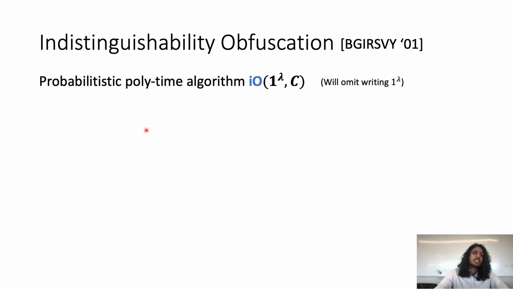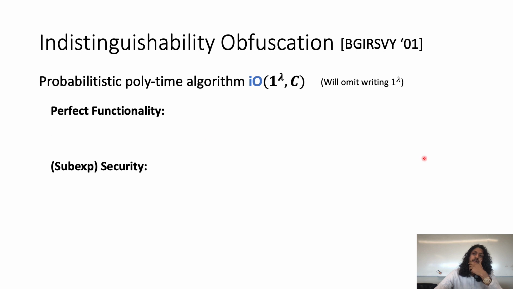A randomized algorithm, I/O, which stands for indistinguishability obfuscation, takes as input 1 to the lambda, which is some sort of security parameter. Don't worry about that for now. It also takes as input some circuit C, and it'll have the following two properties. I/O is an indistinguishability obfuscator if it has perfect functionality and sub-exponential security.